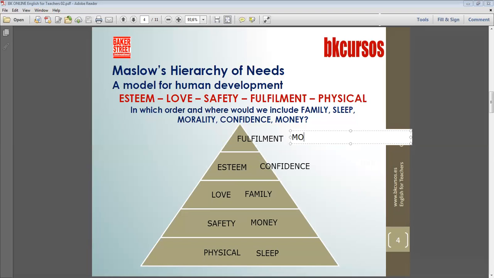Morality. Yeah? Why morality there? I guess because that means your character, like if you are a horrible person, you won't have anyone around. Perfect.